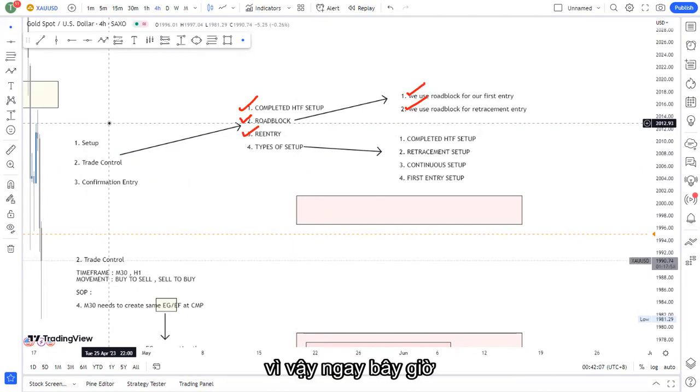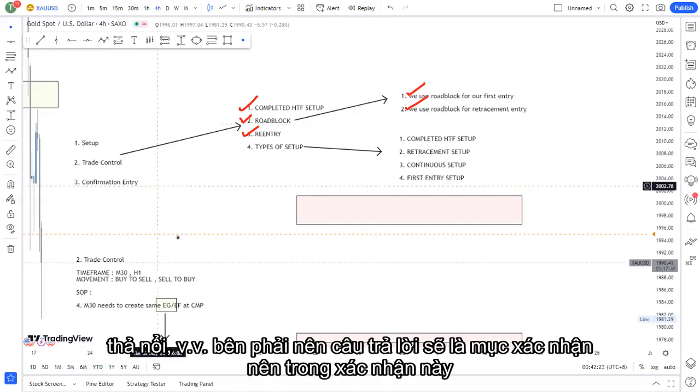So right now, to answer the question of where can I enter and how to minimize the floating, the answer will be the confirmation entry.